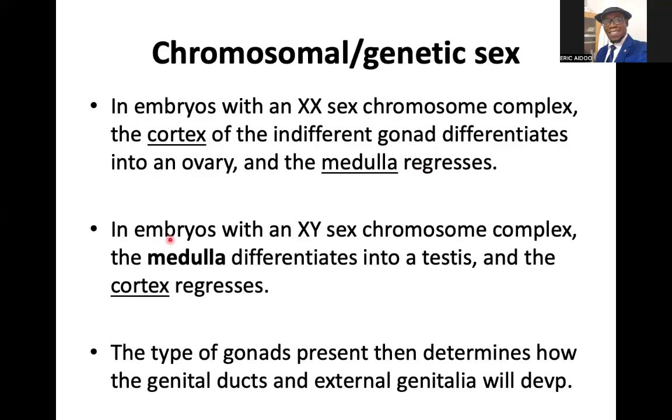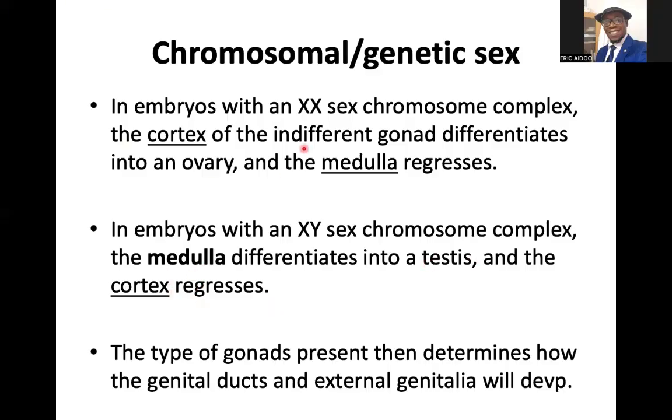How about the other way around? When the spermatozoa is Y and meets the X egg, you are going to have an XY sex chromosome. In this case, the medulla of the indifferent gonad is going to differentiate, not degenerate, differentiate further into a testis with testicular lobes, like the seminiferous tubule, and then the cortex will rather regress.